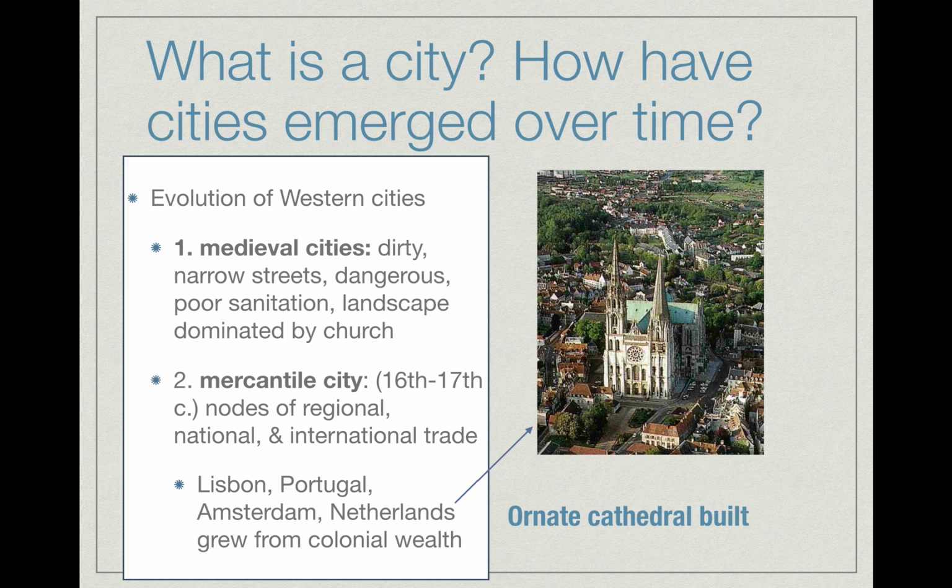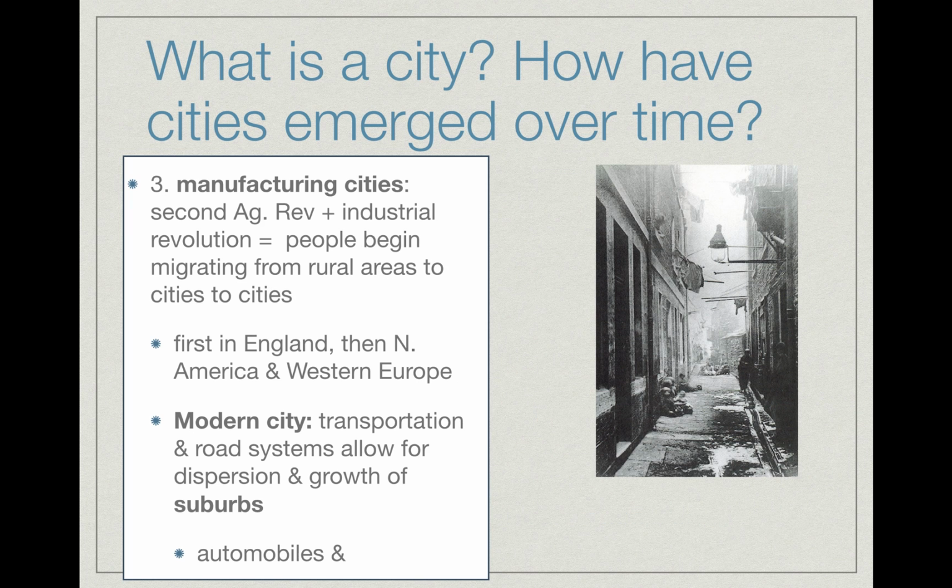Consequently, we have cities like Lisbon in Portugal and Amsterdam in the Netherlands. These cities became massive regional and international trading centers. A lot of the wealth they gained from colonial trade was pumped into the physical landscape itself. This is the time period where you see churches like the one I have here being built as a sign of that emerging wealth.